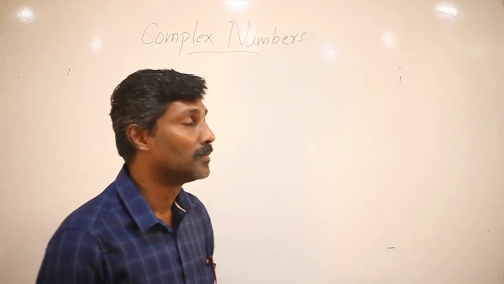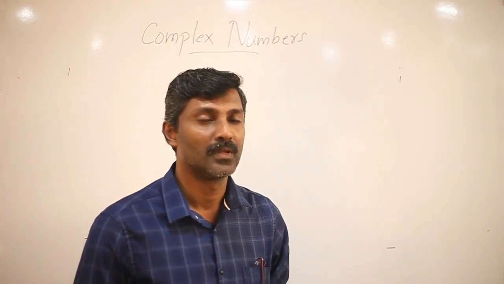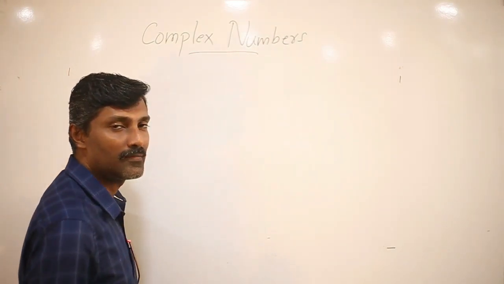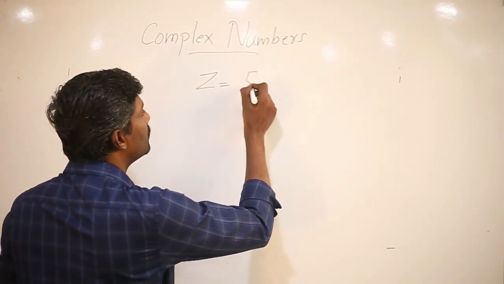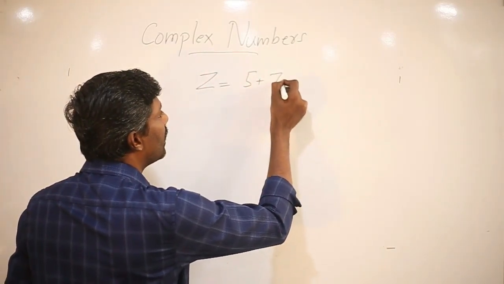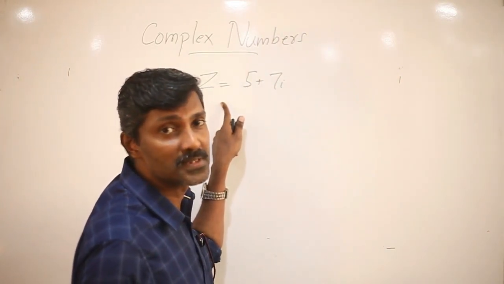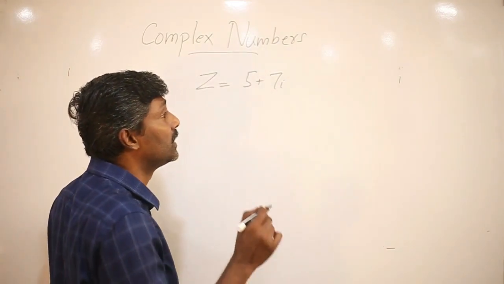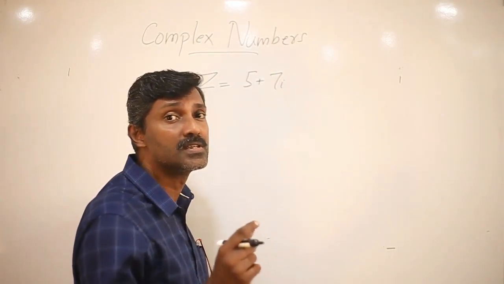Right, so let's do some problems on the additive inverse and the multiplicative inverse. Suppose I have a complex number z equal to 5 plus 7i, and I'm asked to find the additive inverse of this number 5 plus 7i. Very simple. It is that number which when added to this number gives 0.